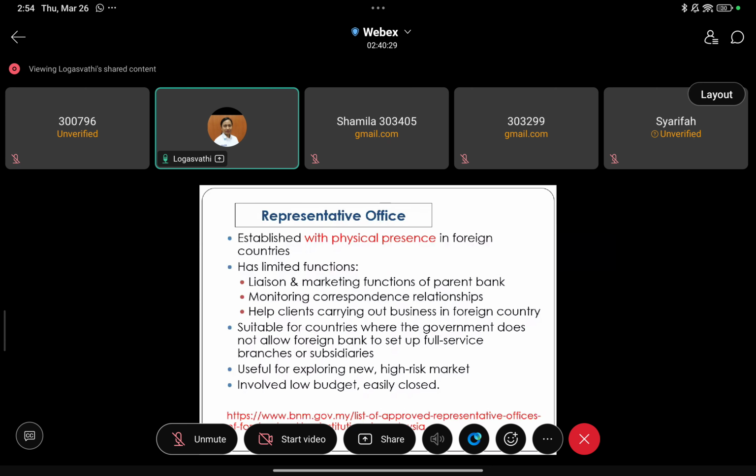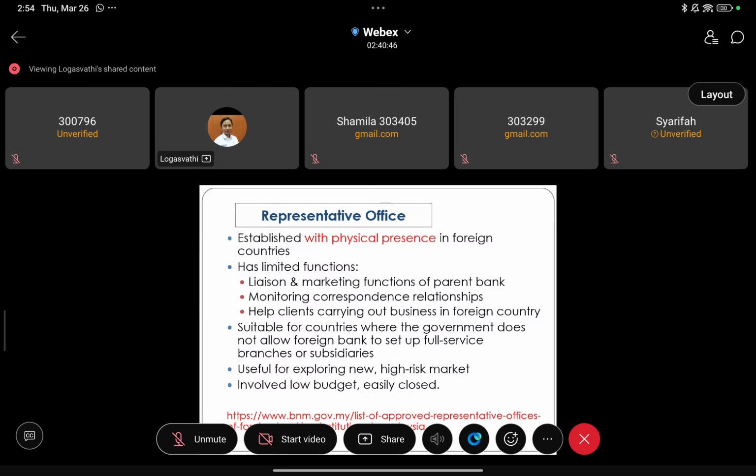Okay, so they have to do all this homework before CIMB can decide whether they want to open a branch in Brazil or not. So a representative office is the best solution to do a test market.